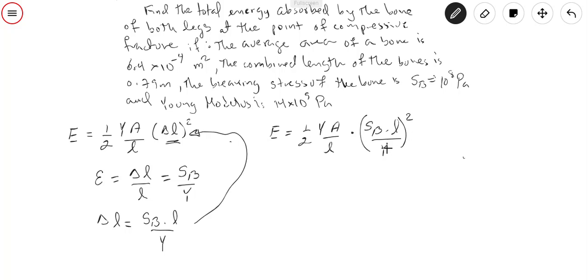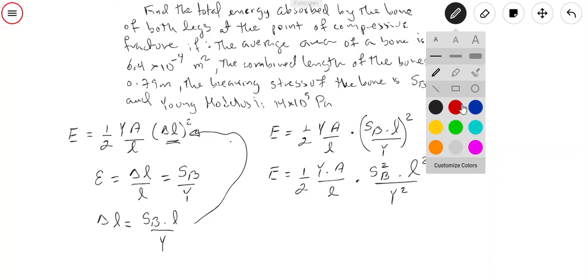Why? Because this is the expression of delta L, and it's delta L squared. So we get here now that this energy is 1 over 2 modulus of Young times the area over the length times the square of the breaking stress times the square of the length over the square of Y.